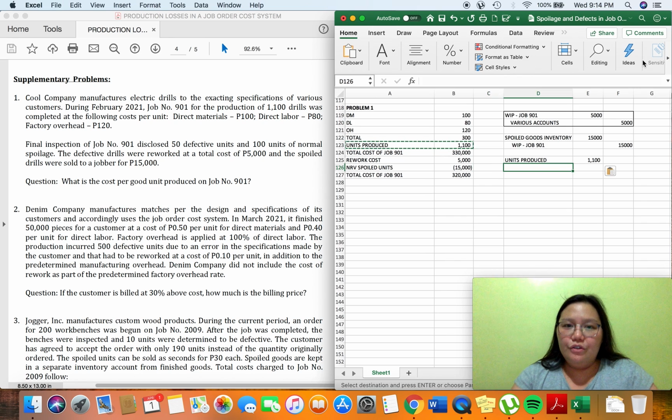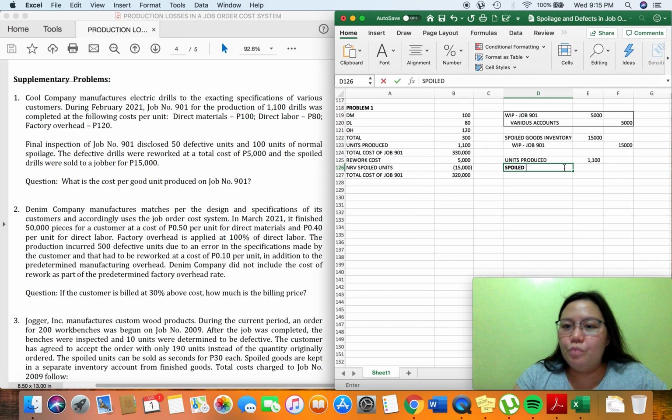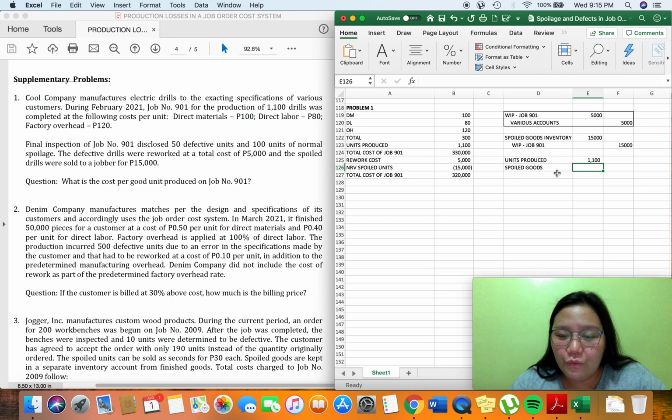And then, of course, defective units will not be removed from the total good units kasi nga, pag ni-rework mo siya, mabibenta mo na ulit siya as good units. And therefore, ang ibabawas lang natin dito yung spoiled goods. Okay? So, yung spoiled goods natin, ilang units ba yon? We have 100.